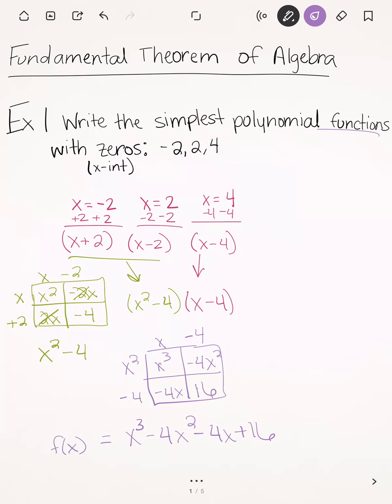You can use y, f of a, f of b, whatever you want, as long as it's a function. And there we go. If I were to factor x cubed minus 4x squared minus 4x plus 16, I would get -2, 2, and 4 as my zeros.